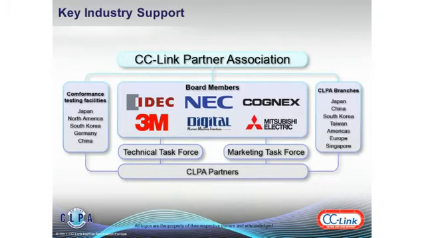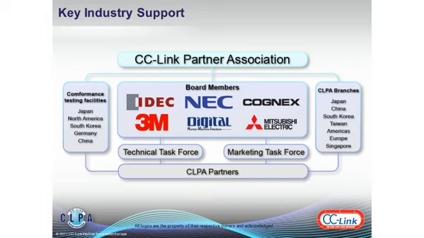So when it comes to actually controlling the management and technological development of CC-Link, there is a board which is responsible for that oversight, and as you can see here, the board is composed of 6 key companies, all of which are well-known names in the automation industry.